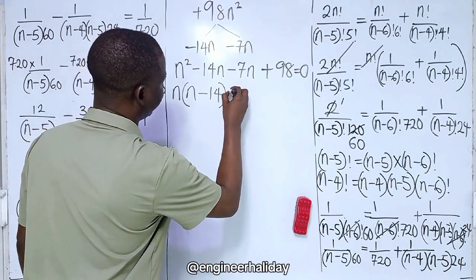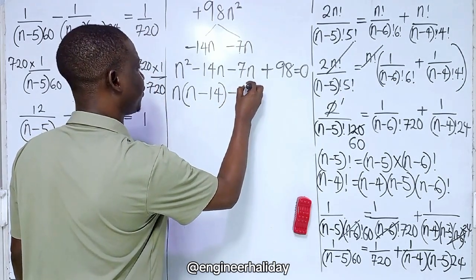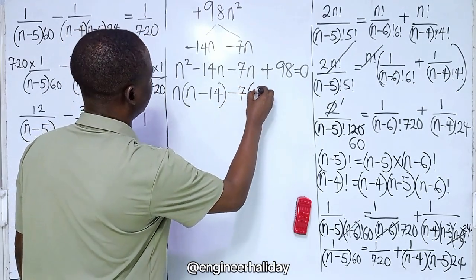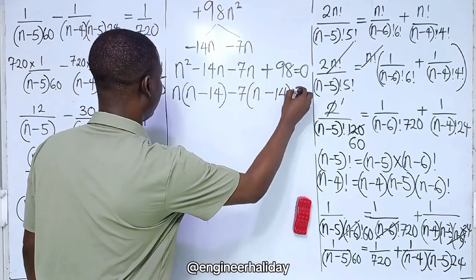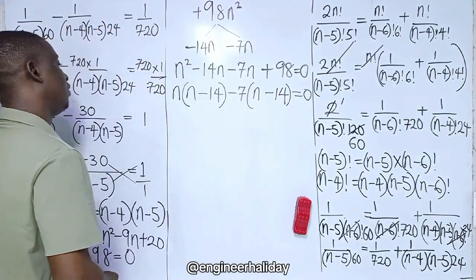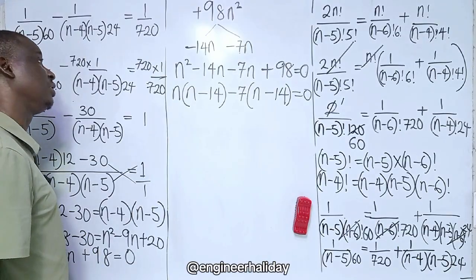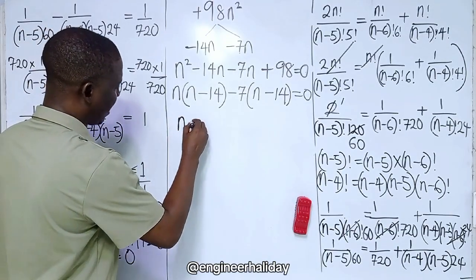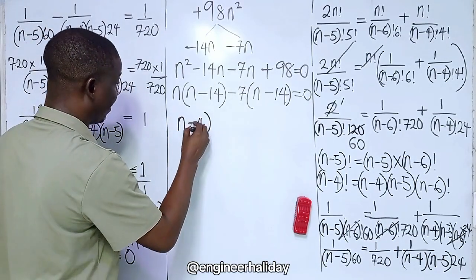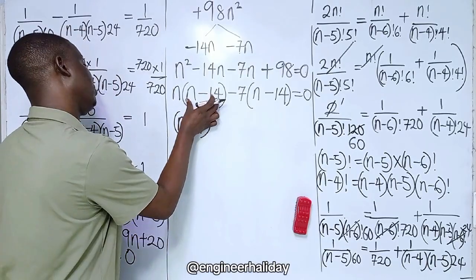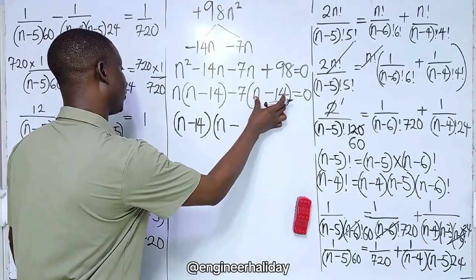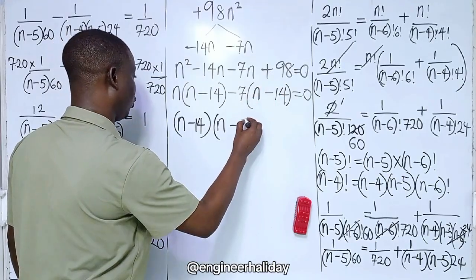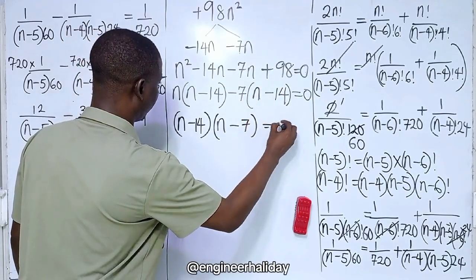Then if I factorize minus 7 out here, what we are going to have is n minus 14 equal to 0. What is common between the two of them is n minus 14. If you remove n minus 14 here, what we mean is n. If you remove n minus 14 here, n minus 14 will mean minus 7 here, equal to 0.